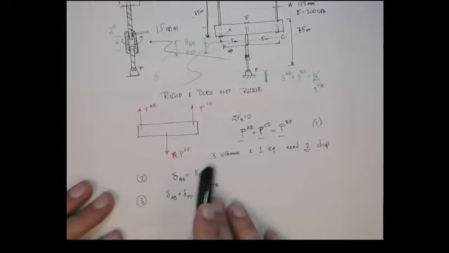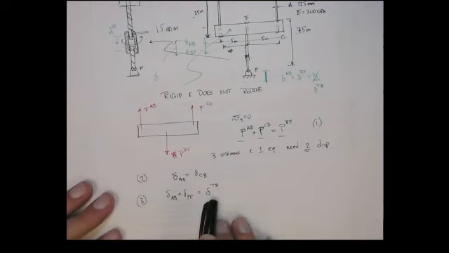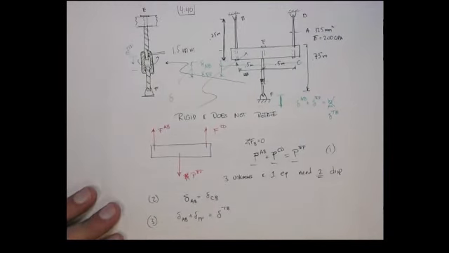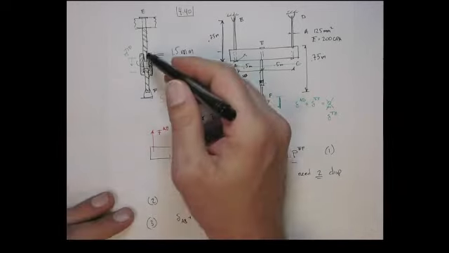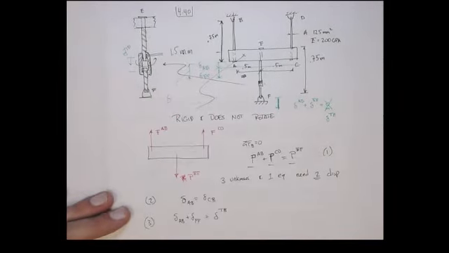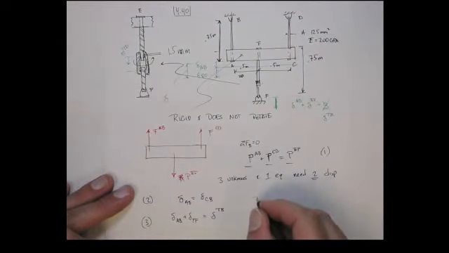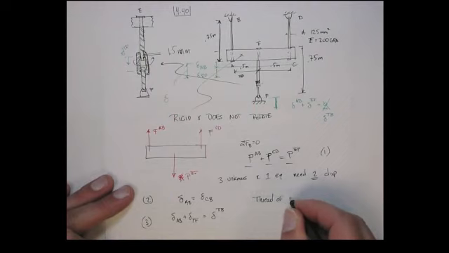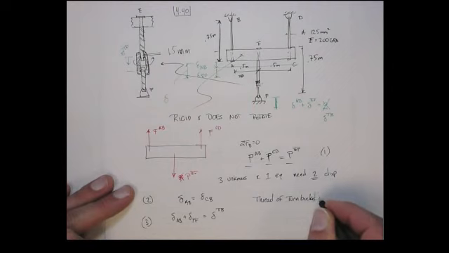Now, how do you get the delta in the turnbuckle? Well, that's easy. That's given just by the thread pitch of the turnbuckle. It tells you that the thread pitch, or the lead pitch, is 1.5 millimeters.